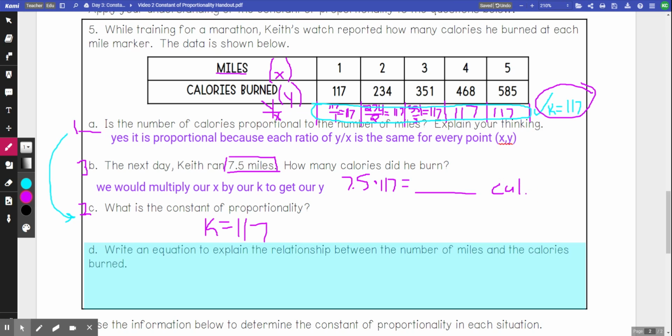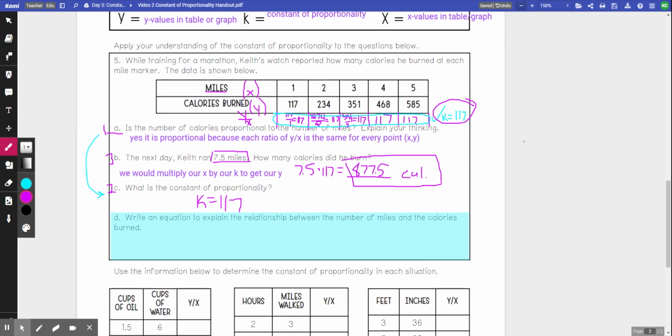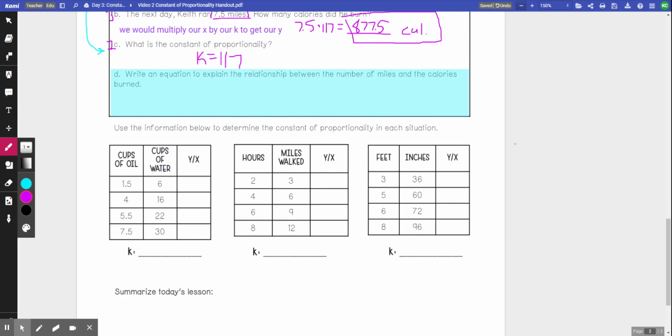So 7.5 times 117 gives you an answer of 877.5. So if you run 7.5 miles, he burns 877.5 calories. Hopefully it's making sense. If it's not, we're here for you tomorrow.